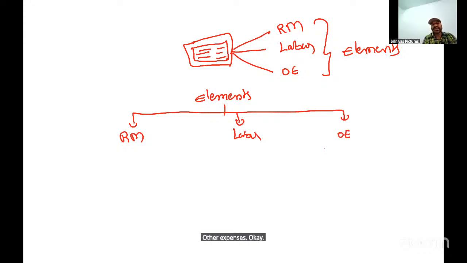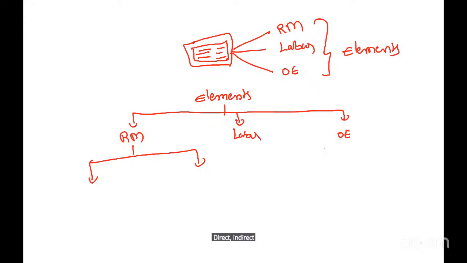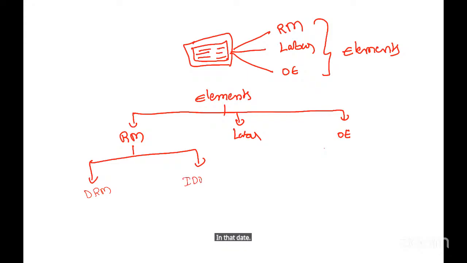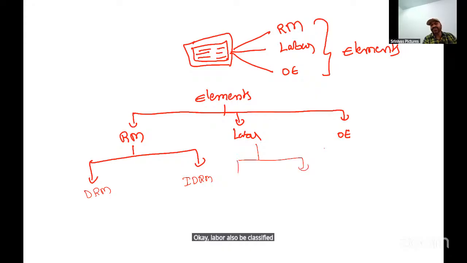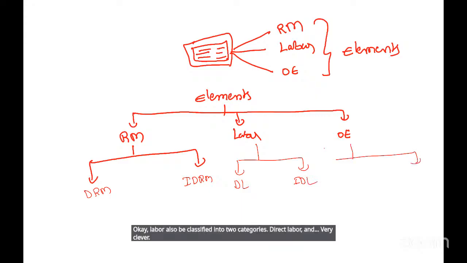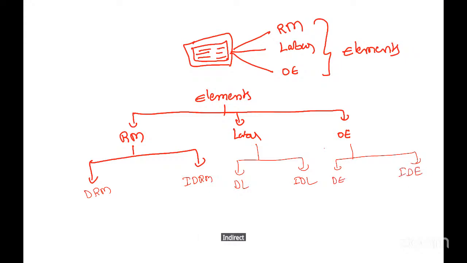Again, raw material we classified into two categories: direct and indirect. Labor also we classified into two categories: direct labor and indirect labor. Expenses also we classified into two types: direct expenditure and indirect expenditure.